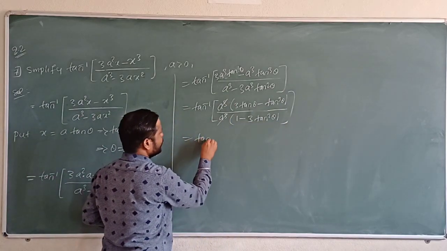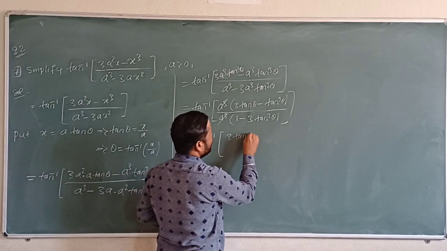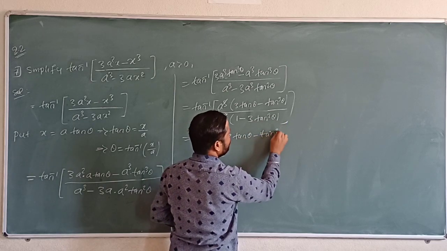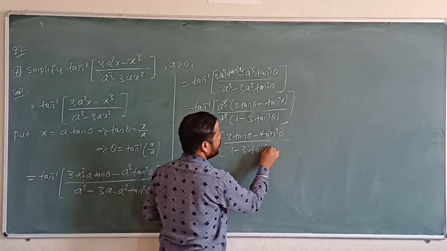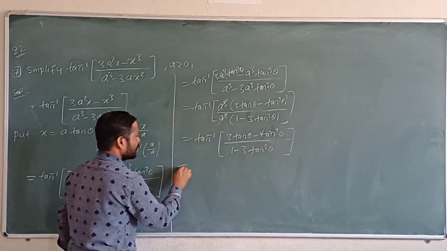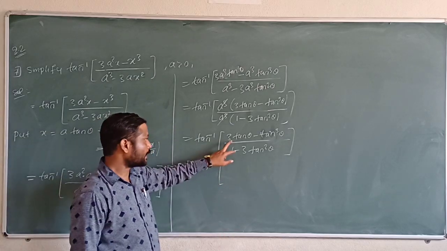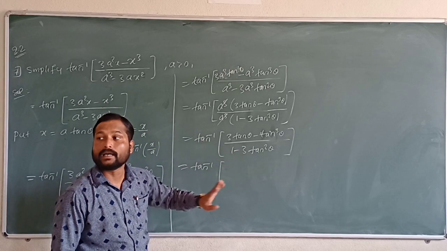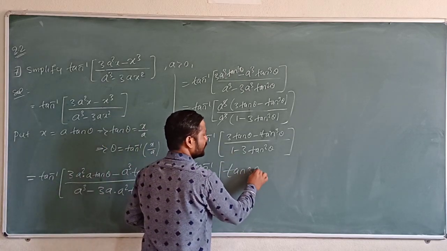That is the tan inverse of 3 tan theta minus tan cube theta divided by 1 minus 3 tan square theta. Right? Then tan inverse of formula is already 3 tan theta minus tan cube theta divided by 1 minus 3 tan square theta formula. That is the tan 3 theta formula.